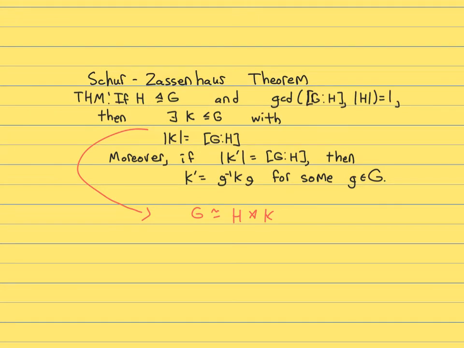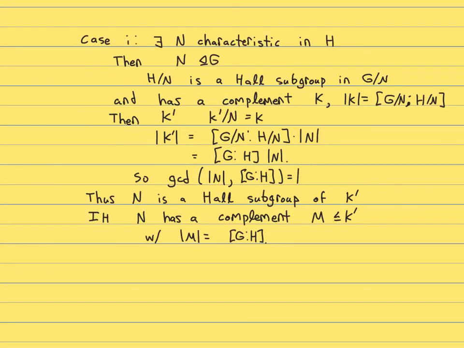The proof, of course, will be by induction on the order of G. One of the first cases we'll consider, and I'm modifying the proof from the textbook a little bit. They do a bunch of different cases, but some of the cases can be combined in this way.